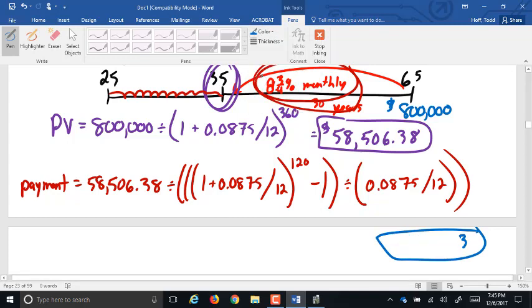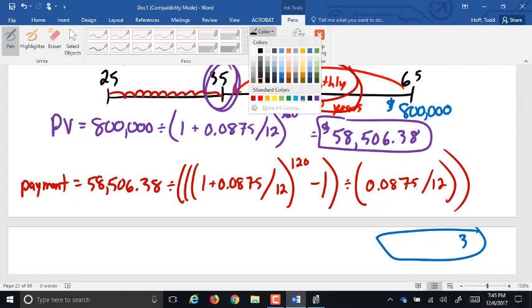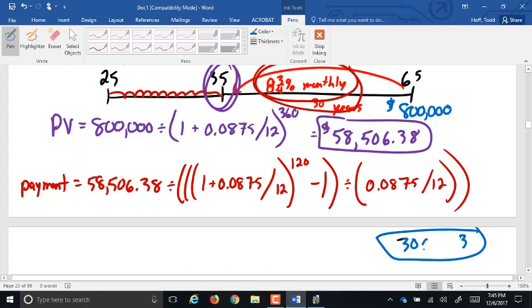what did we come up with? $306.63. Mine just disappeared for some reason. Get rid of that extra 3.